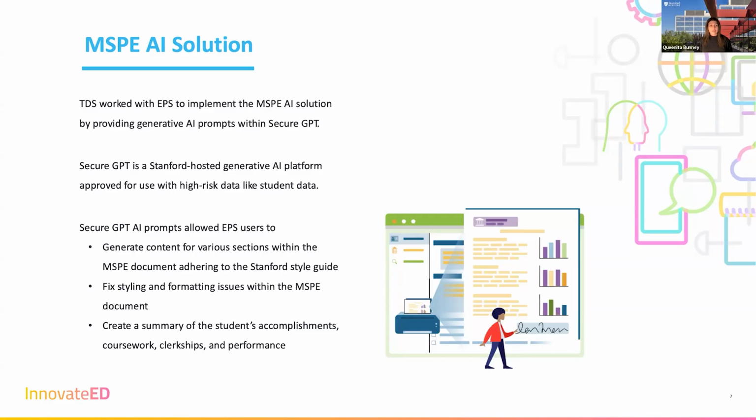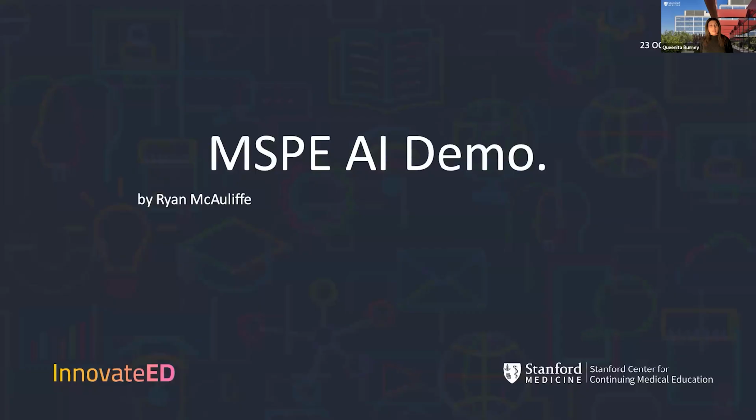It also helped fix styling and formatting issues within the document. And lastly, it helped to create a summary of the students' accomplishments, coursework, clerkships, as well as their performance. Now I want to pass on to Ryan, and he will give us an MSPE AI demo of how we use these generative prompts to create content within the MSPE letter.